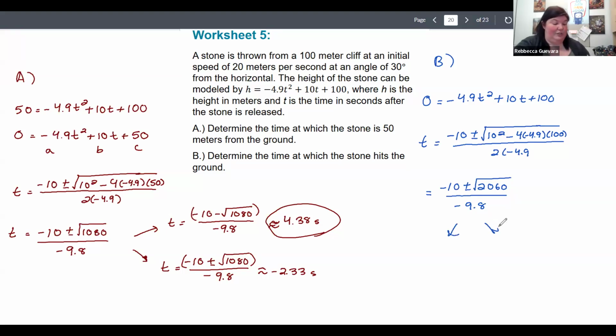So if you look at our two solutions, either it's negative 3.61 seconds for it to hit the ground, or, sorry, I think I looked at the wrong thing there. 5.65 seconds. So it's probably this one because, like I said, time's progressing forward.